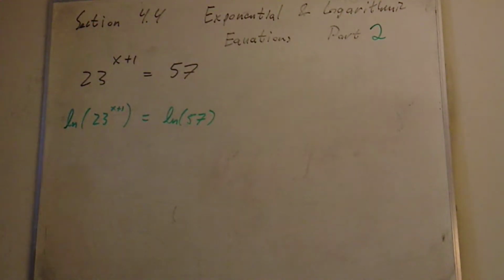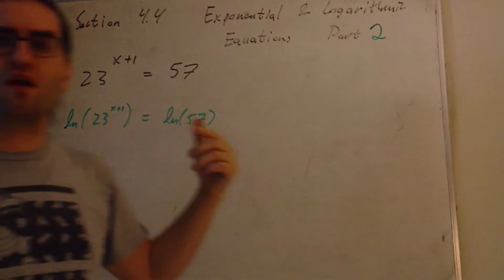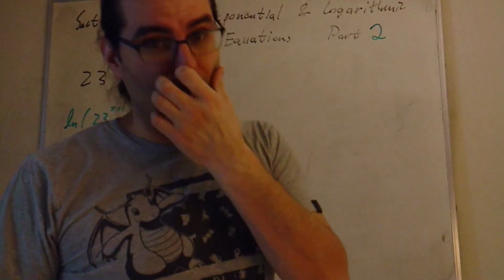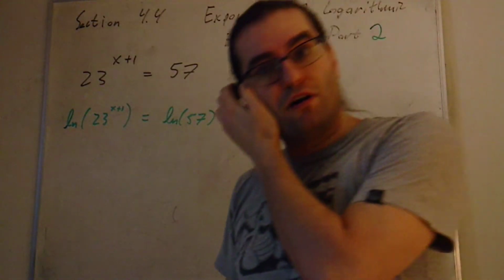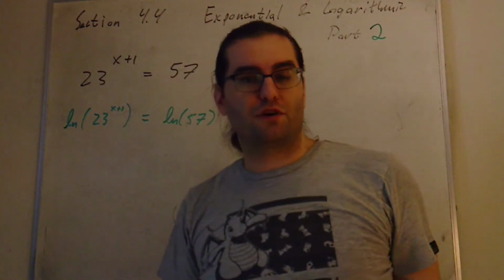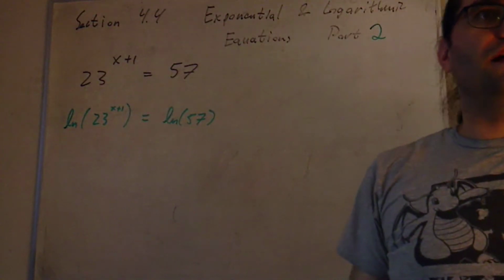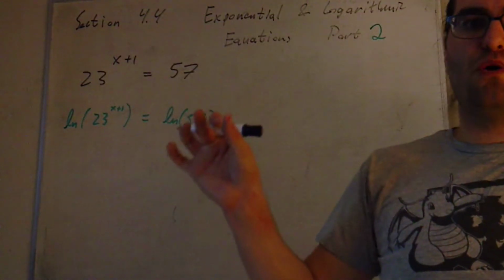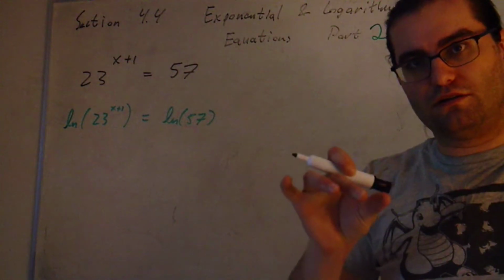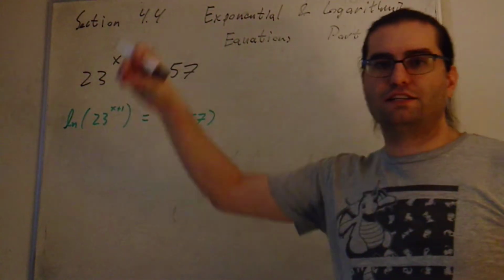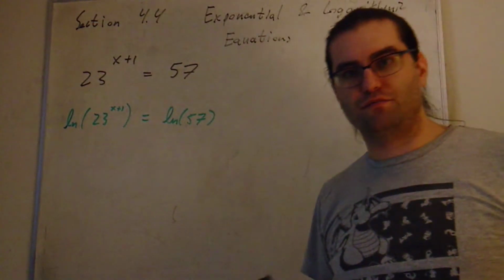How does this help us? Doesn't that just make it look more messy? We took an exponential equation and now there's logs involved as well. Here's how this helps us, and here's why the natural log is very powerful. In section 4.3 we talked about the properties of logs. One of the properties was that an exponent inside of a log can be extracted and brought down in front as coefficient multiplication.